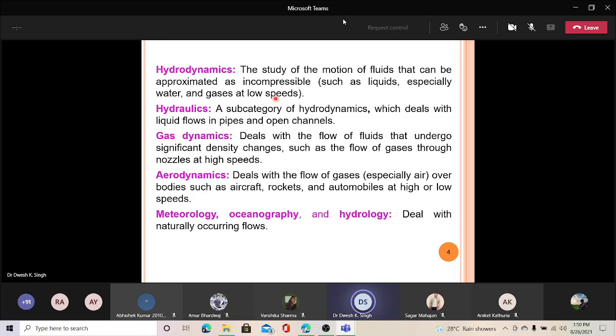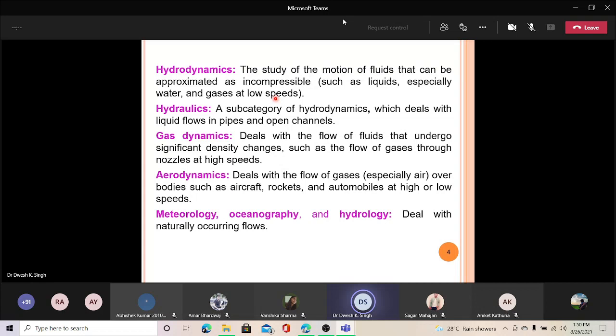Hydraulics is a subcategory of hydrodynamics which deals with liquid flows in pipes and open channels. All these parts are included in fluid mechanics. These are sub-parts of fluid mechanics: hydrodynamics, hydraulics, then gas dynamics, which also includes the concepts of fluid mechanics.